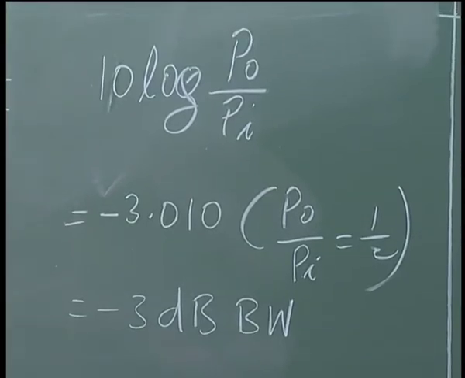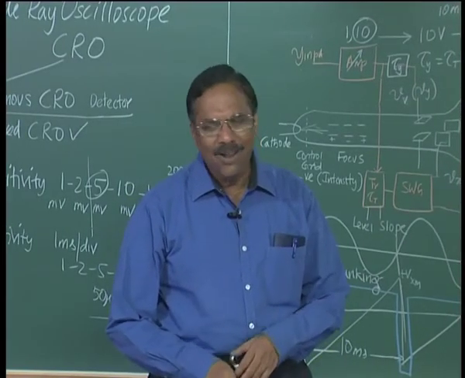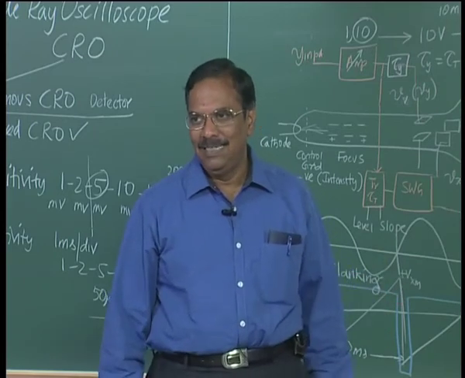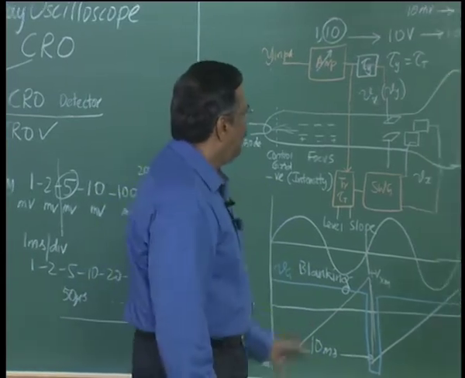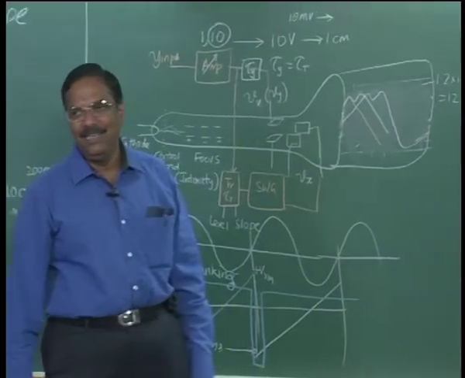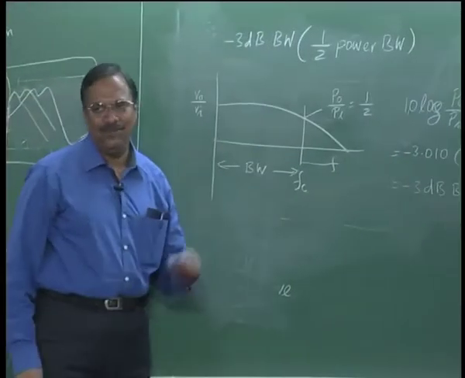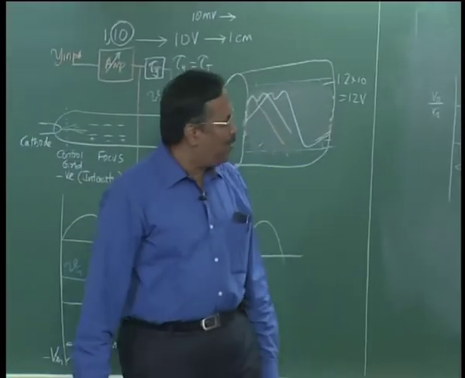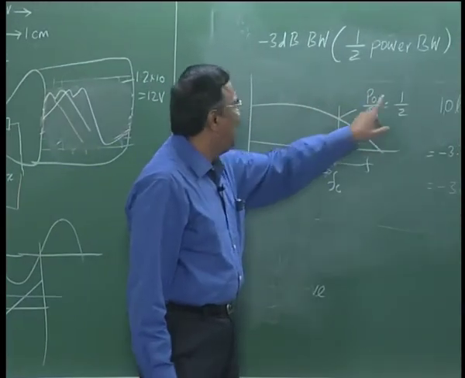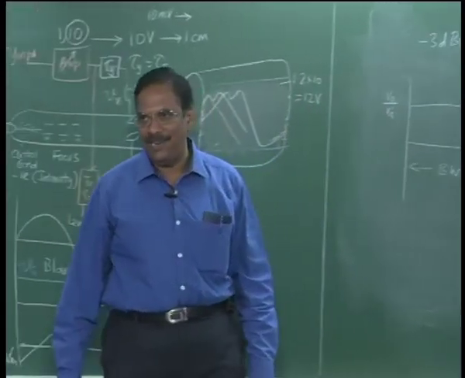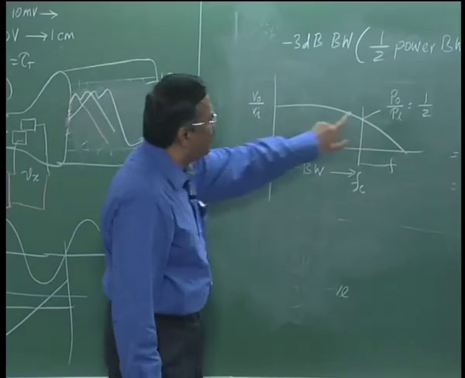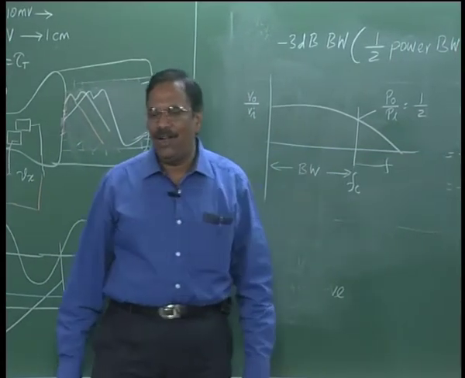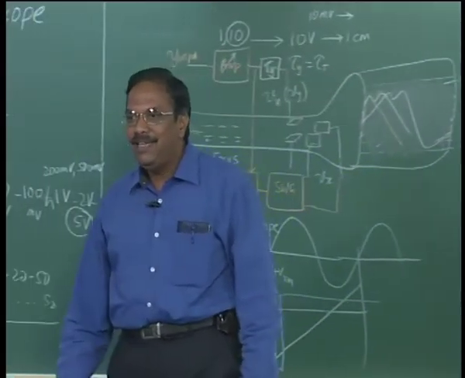But when we talk about oscilloscopes, we want an oscilloscope to make measurements. If I choose my half power bandwidth, power ratio is half and power I know is proportional to V square, which means the V naught square by V I square must be half, or V naught by V I must be 1 by root 2.